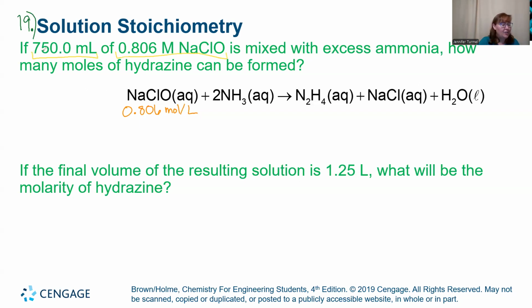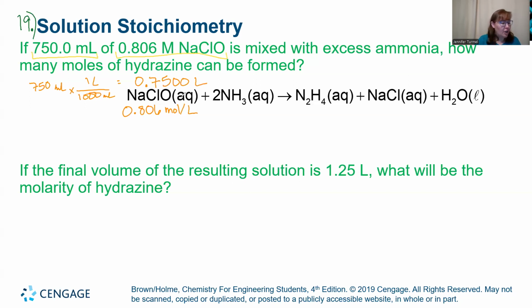I have to convert my milliliters. So this 750 milliliters becomes, just to review how this is done, there are 1,000 milliliters in a liter, and that means that we have 0.7500 liters of our sodium hypochlorite.